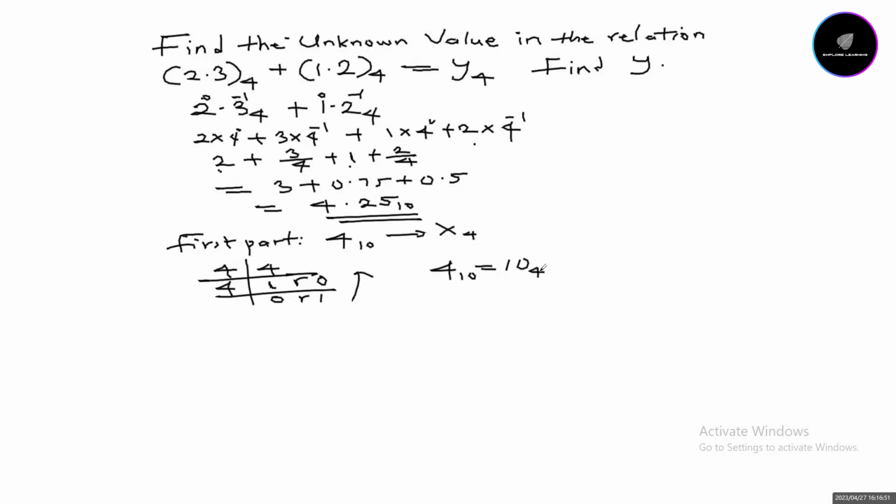Now the other part, which is the second part, we're going to have 0.25 base 10. What will be its equivalent in base 4? All we need to do at this stage is apply multiplication. We say 0.25 multiplied by 4, which is the radix value. If we do this, we're going to get 1.0.